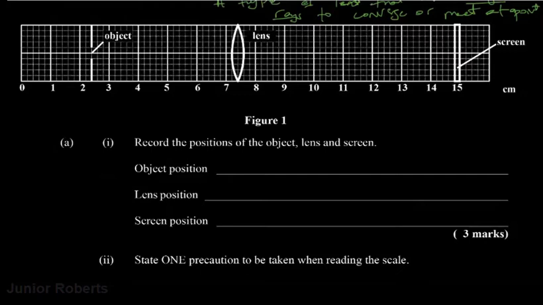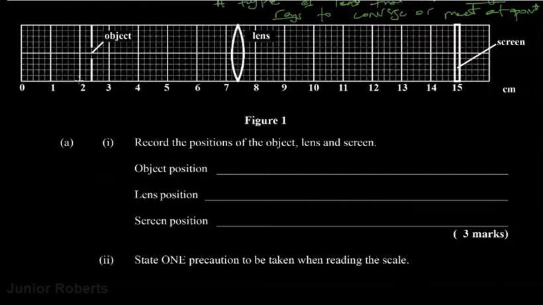2.4 centimeters. Okay, let's look. We have our scale right here. We have 0, 1, 2, and then this is 3. If we have 1 right here and then 2, it means this is 1, 1.2, 1.4, 1.6, 1.8, and 2.